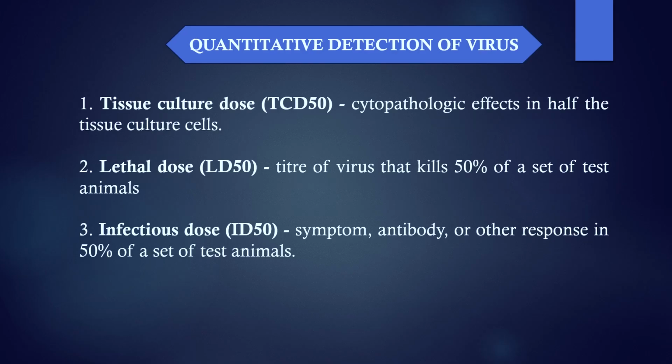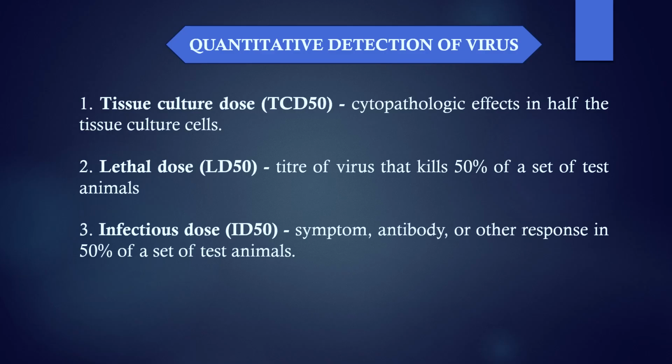Quantitative detection of virus. The viral load in the infected individual can be quantitatively analyzed by determining the greatest dilution that retains the following titer values. The first value is the tissue culture dose, TCD50, which shows us the titer of virus that causes cytopathological effects in half the tissue culture cells. The second one is the lethal dose, that is LD50, in which the titer of virus kills 50% of a set of test animals.